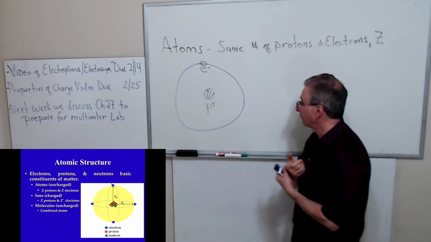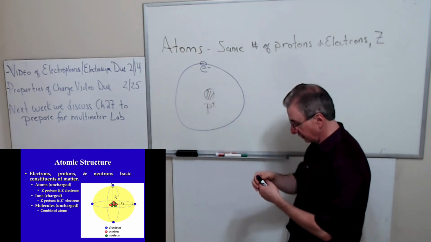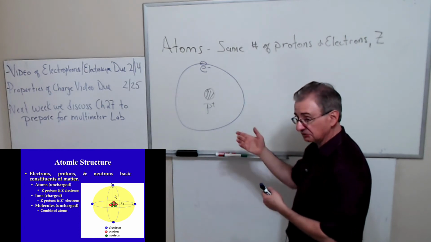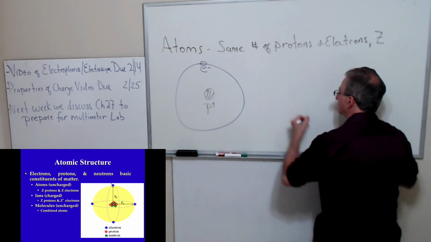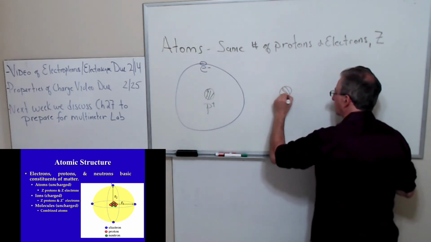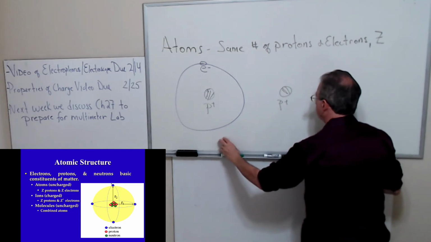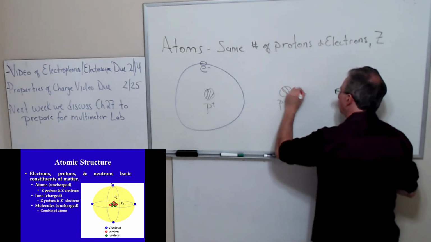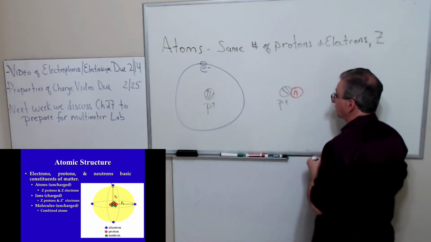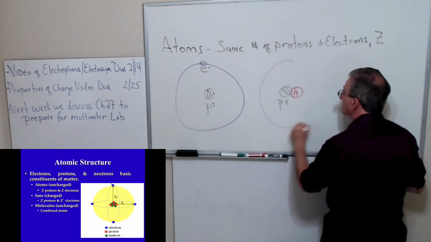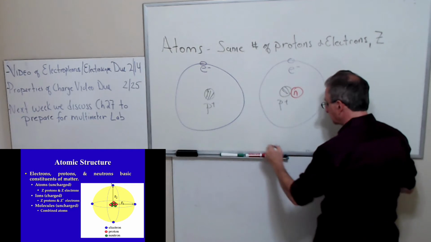And you can have this version of the atom, the same atom, with an extra neutron in it. It's the same atom because it has the same number of protons. This is called deuterium.